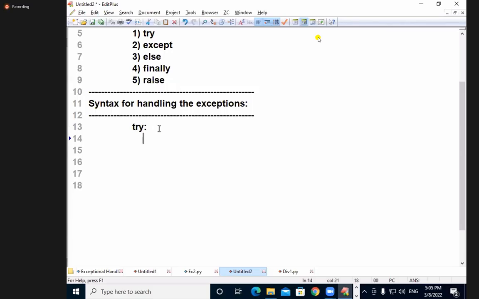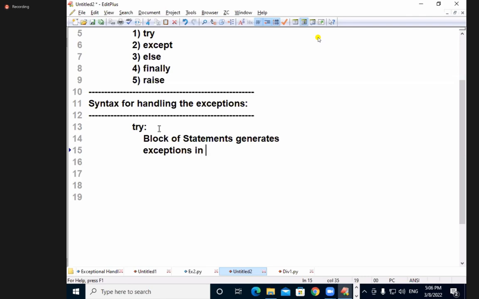Okay, sir. What will you write inside of it, sir? I will write a block of statements. See, students, I will write a block of statements. This block of statements causes, or generates, what?